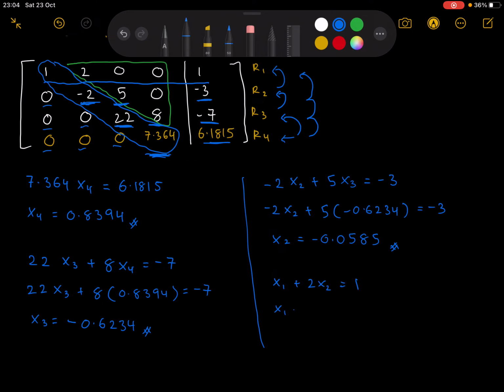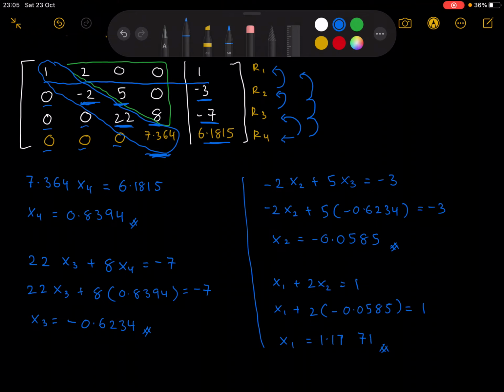So x1 plus 2, and we already obtained the value of x2, negative 0.0585, equals 1. So x1 is equal to 1.1171.